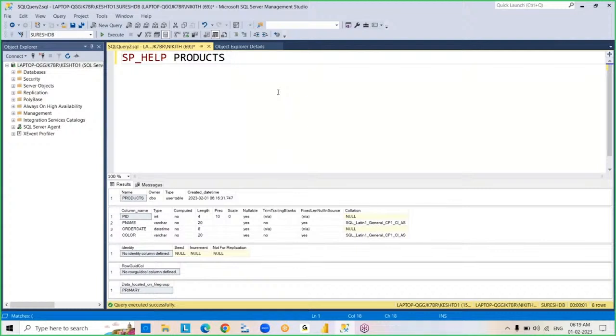So we may feel sp_help is also a DDL command. That's not correct. It's not a DDL command. And so now, next step.